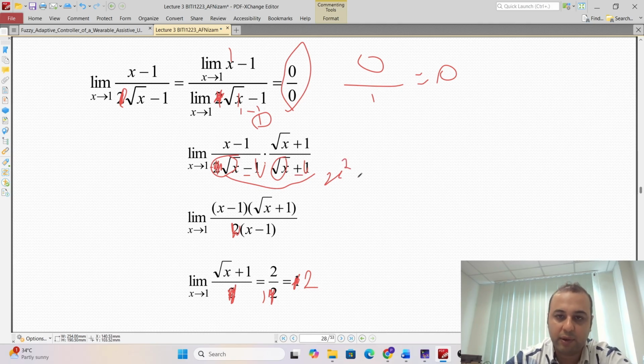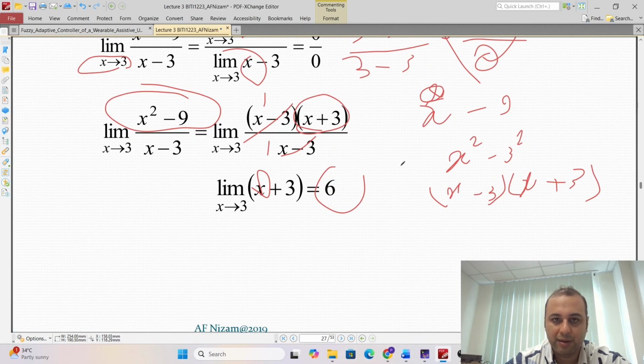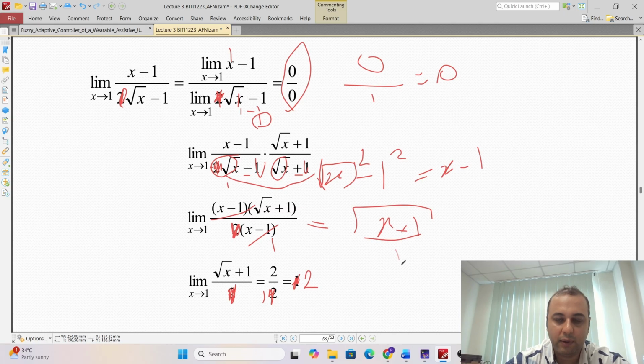So the first one, power 2, minus the other term, 1 to the power 2. So this is x minus 1. Okay, downside I have x minus 1. Top side I have x minus 1. So this is 1, this is 1, so I have only x plus 1 over 1 on the top.